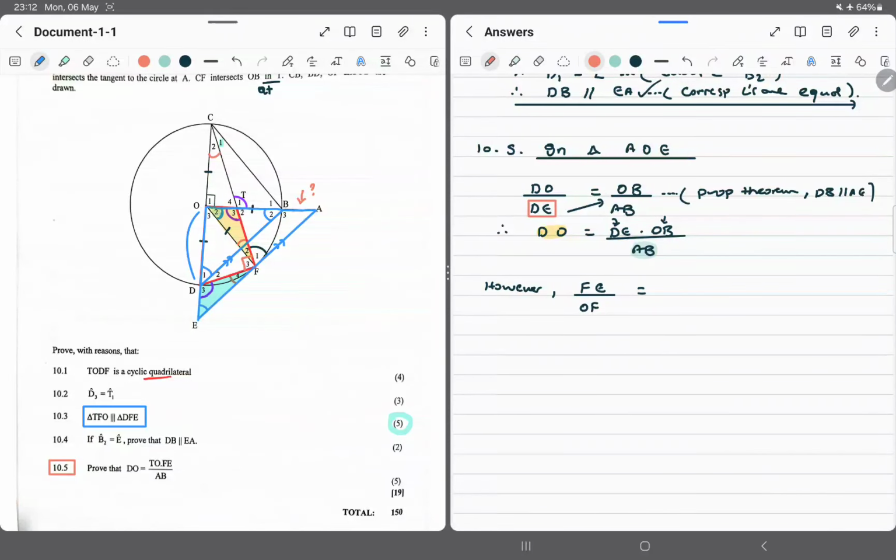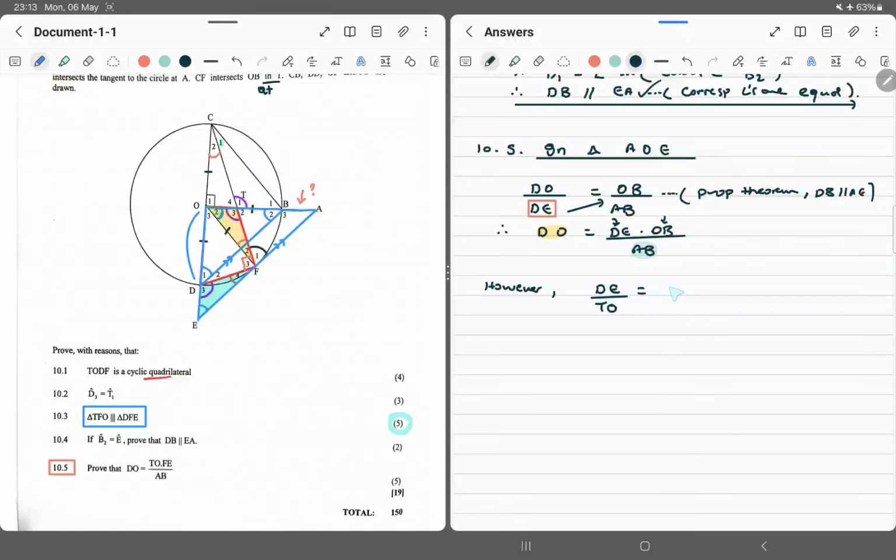So that means DE must be here. So basically, I want DE. So let's start with DE. DE over. So now DE is opposite angle F4, which we found to be equal to angle F2. That is opposite TO or OT. So this is going to be over TO.